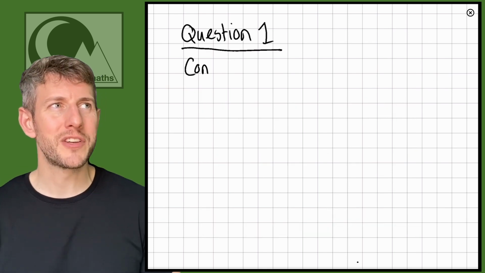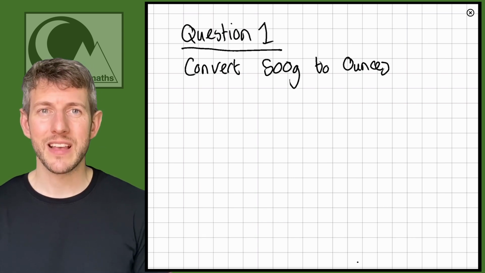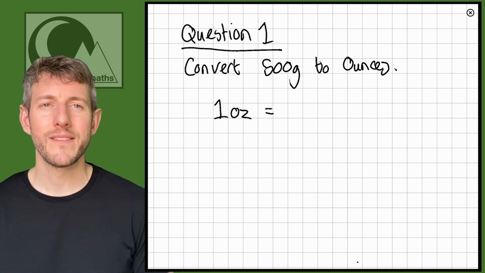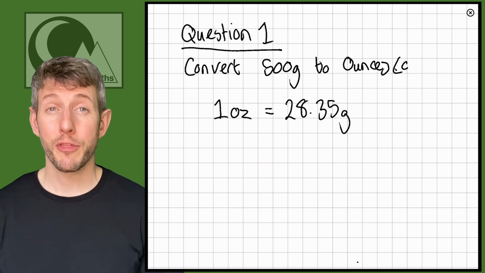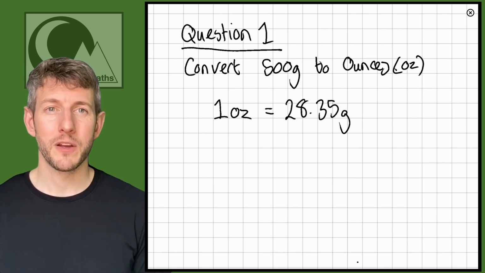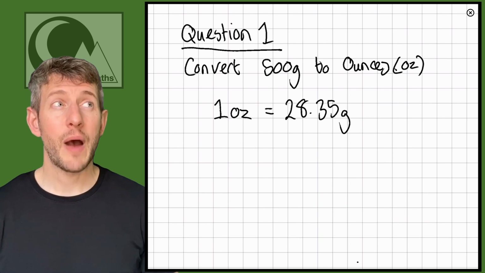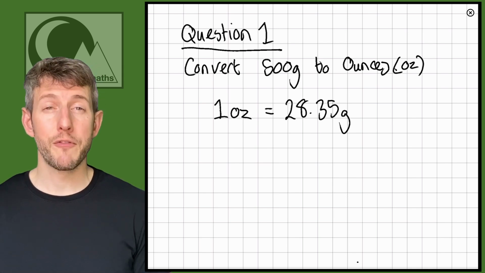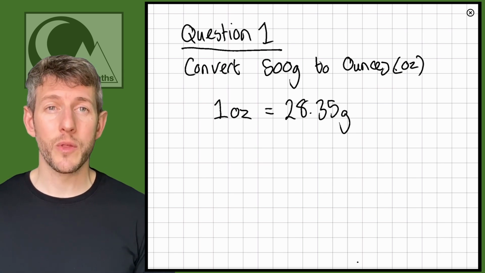Our first question is convert 500 grams to ounces. We're given a scale and it says that 1 ounce is equal to 28.35 grams. So we want to go from 500 grams to ounces. I'm going to write this out in the style that we've been doing.